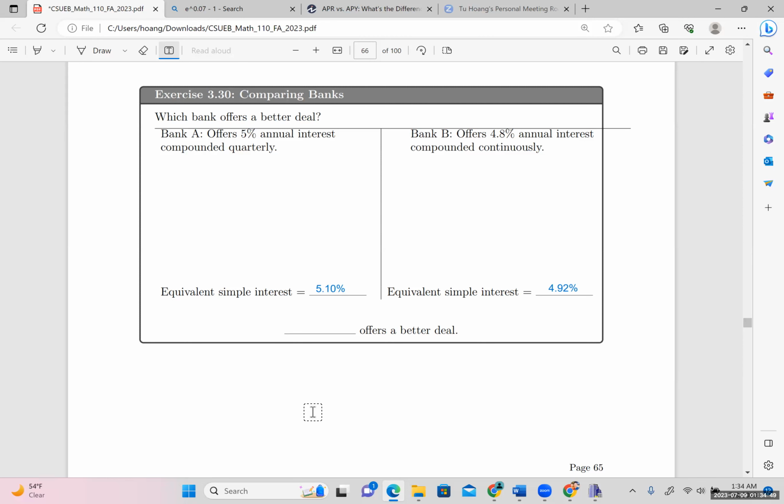So we can compare any offers, even if one is compounded monthly and another is compounded quarterly, but according to APY, or equivalent yields, you will see which one is better.